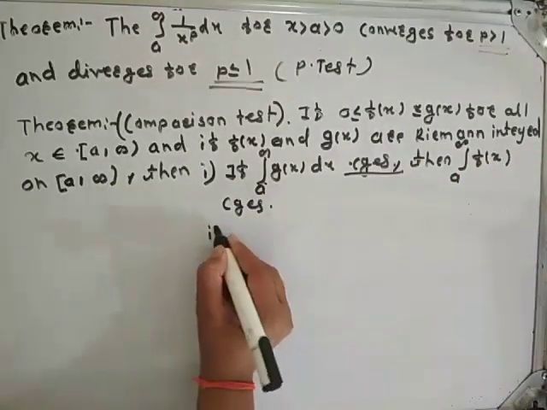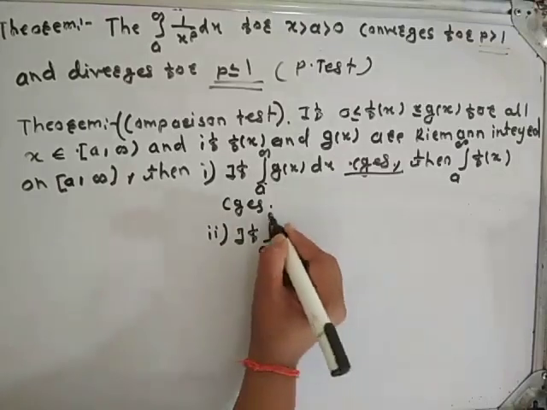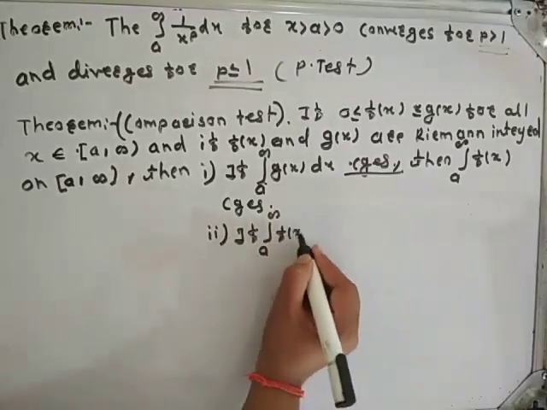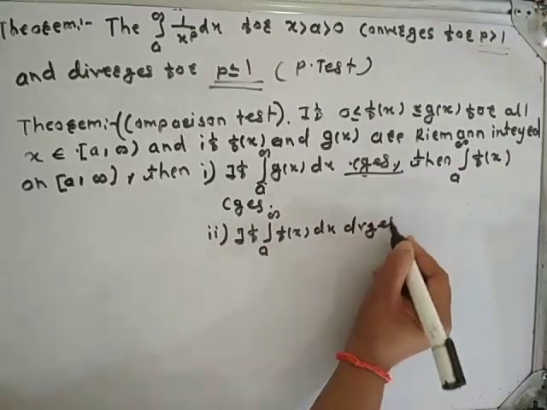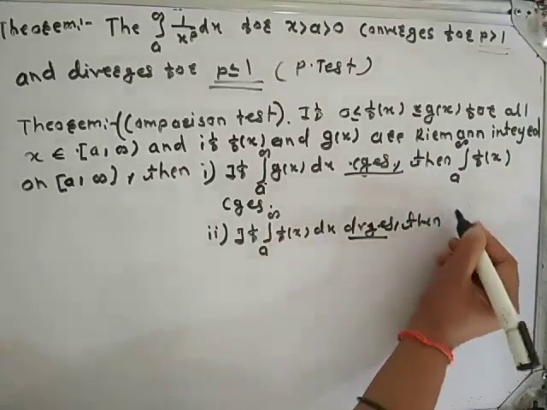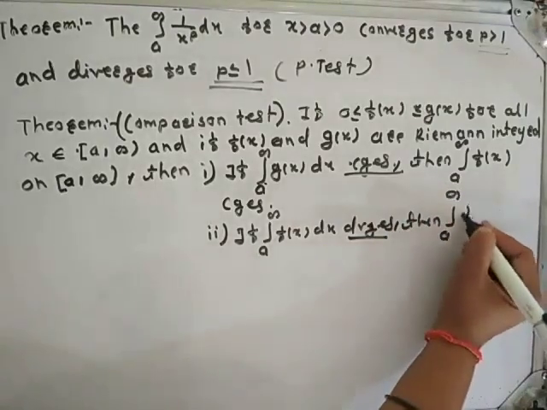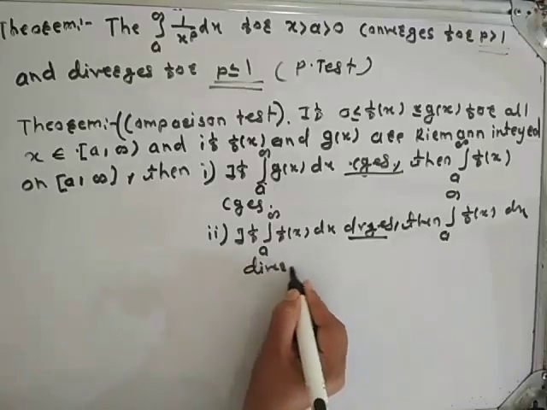Second, if integration from a to infinity f of x dx diverges (for diverges I will write this), then integration from a to infinity f of x dx diverges.